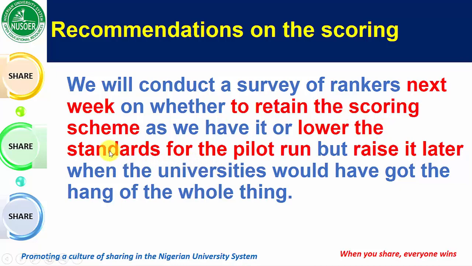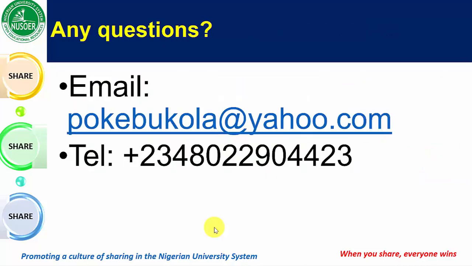Or whether we should lower the standards for the pilot run, which I will subscribe to, and then later raise it when our universities have got a hang of the process and are able to do this. So the choice will be all ours, collectively ours, when we do the survey.